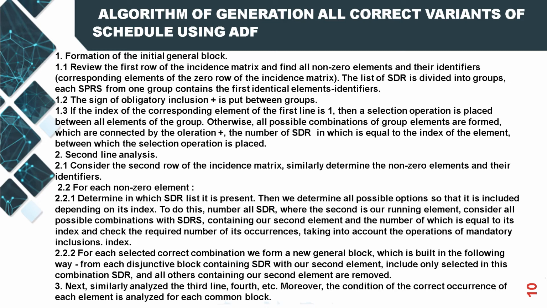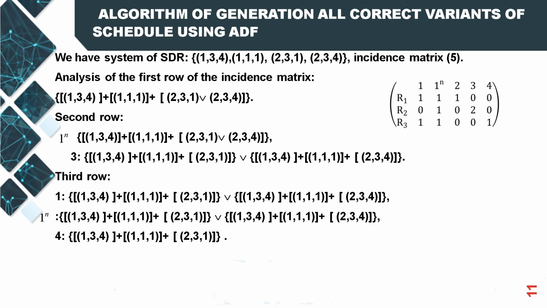This is the main idea of the analysis of every row of the incidence matrix. And on another slide, you can see an example of using our algorithm. In input data, we can consider a system of difference representatives for the incidence matrix and analyze every row of the matrix, and from the system of CDR, which is the input system, we construct ADF, additive disjunctive forms.